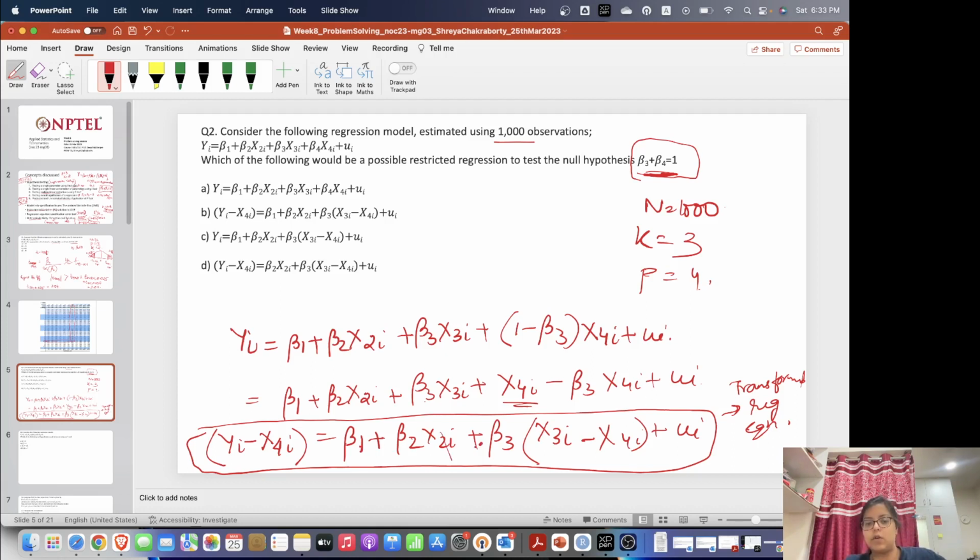This one we'll call y star, this one will be x3 star. So instead of 4 unknown variables, we are having 3 unknown variables right now, and thus we are saving on degrees of freedom, which will provide us a better estimate of the error.